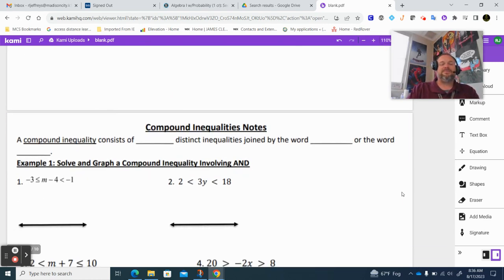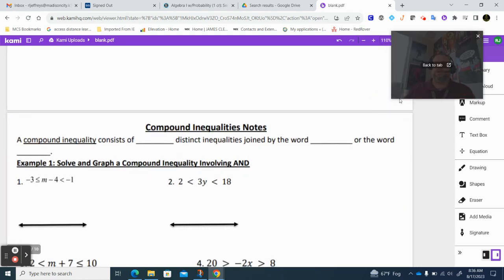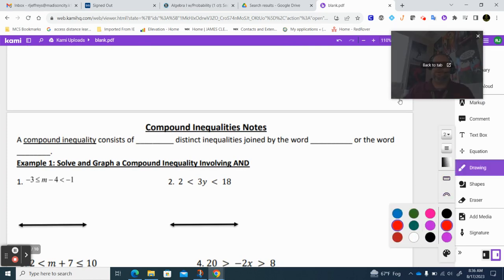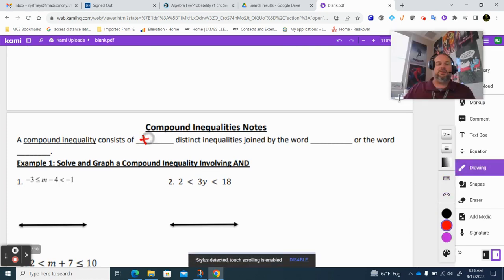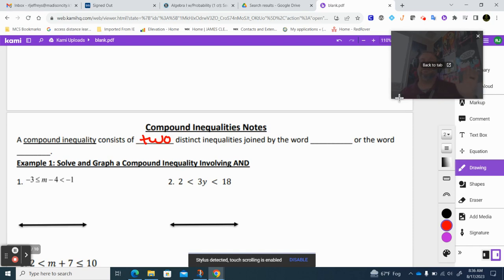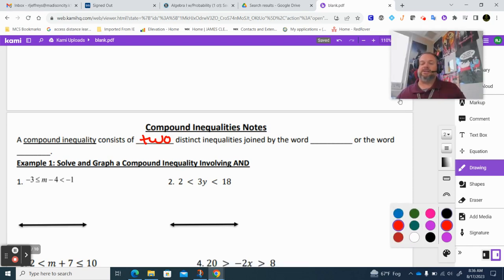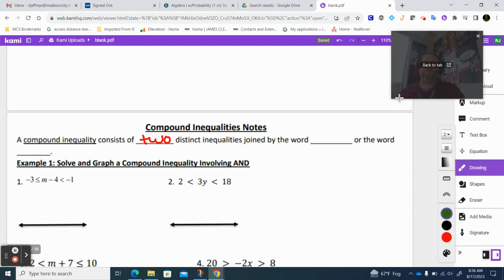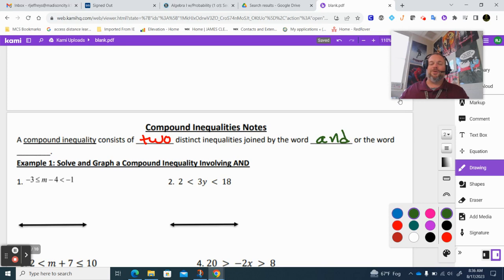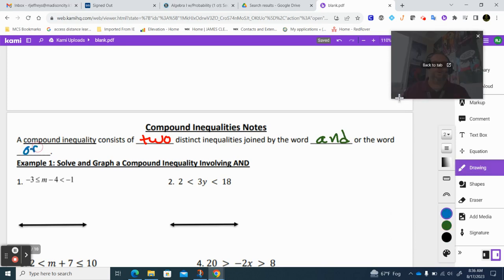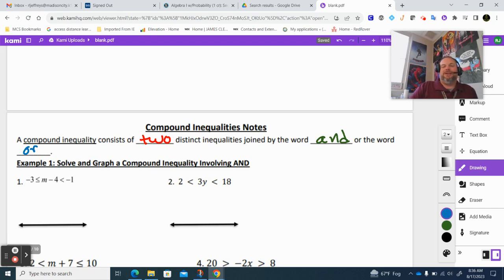So a compound inequality consists of two distinct inequalities joined by the word and, and this is what's funny about these notes, or the word or.